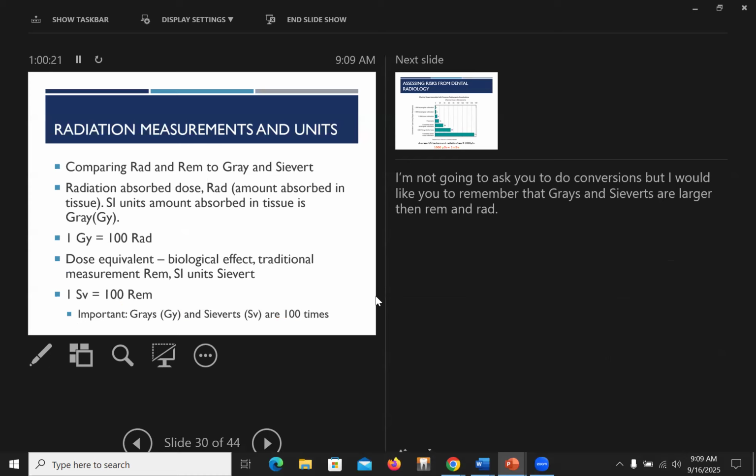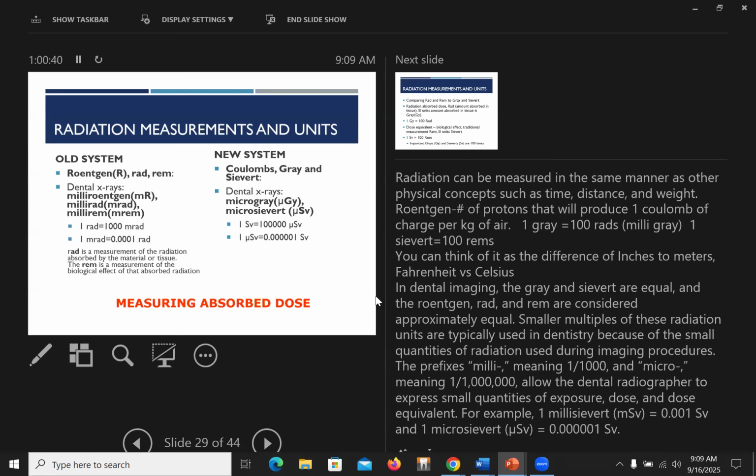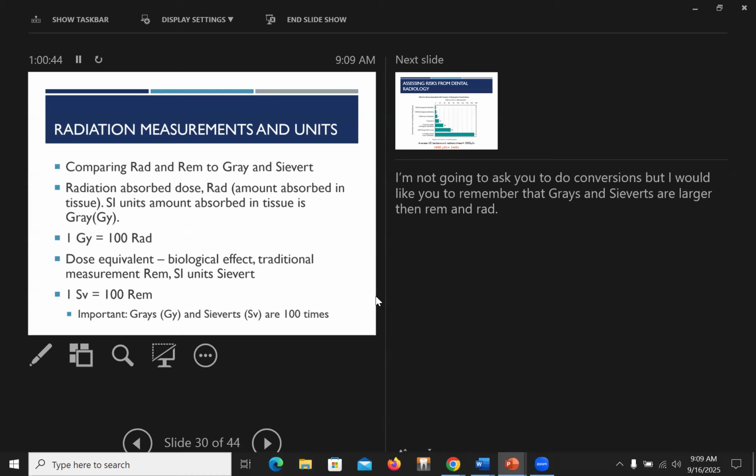And that is comparative to the Gray, sorry, I already said it wrong, which is measuring the absorbed dose, but they call it a Gray. And the math is different. But the SI units are also the newer ones. So not to confuse you, but when I write SI unit, I'm talking about the new system. That's basically all I'm talking about. So that's what SI unit means. I don't think I clarified that on this slide.